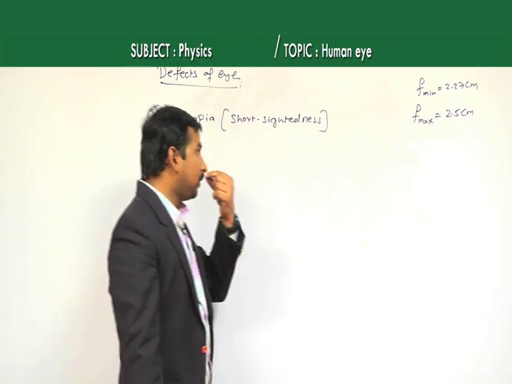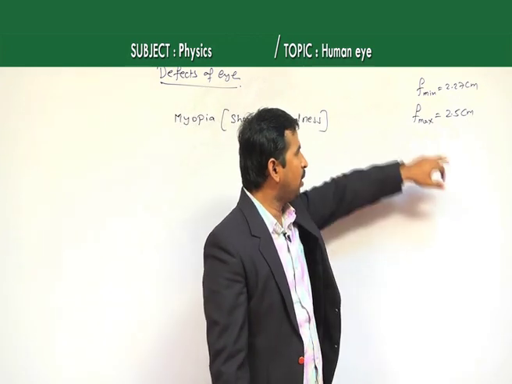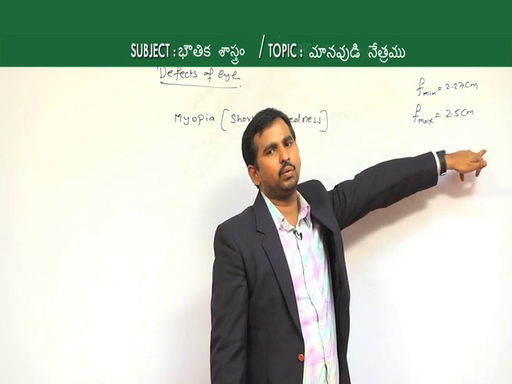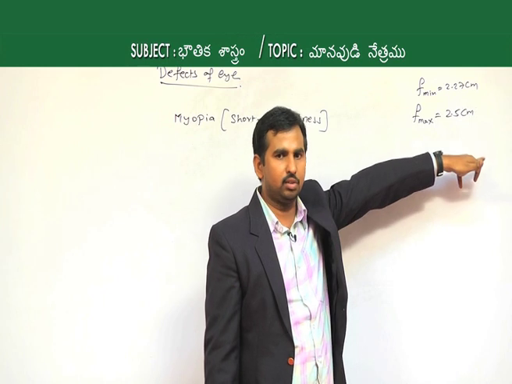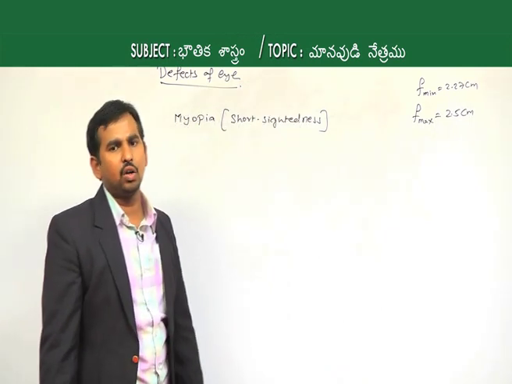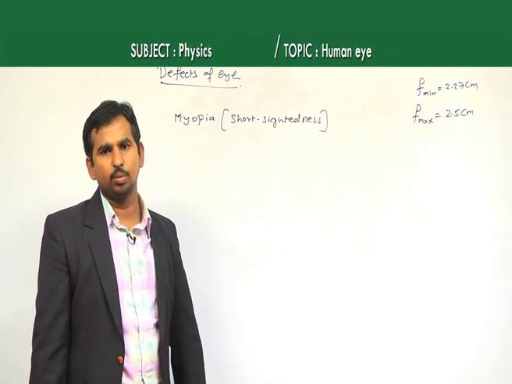If the object is at infinity, at more distance, the maximum focal length actually required is 2.5 centimeters, but here our eye lens, the ciliary muscles, are not adjusting the focal length to 2.5 centimeters. That is the problem.